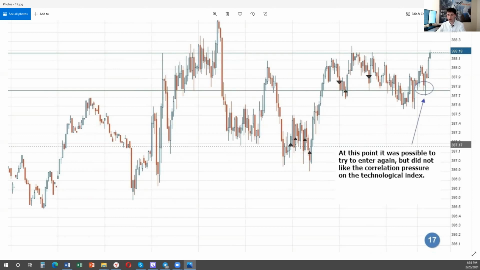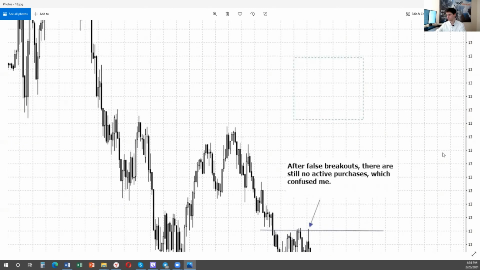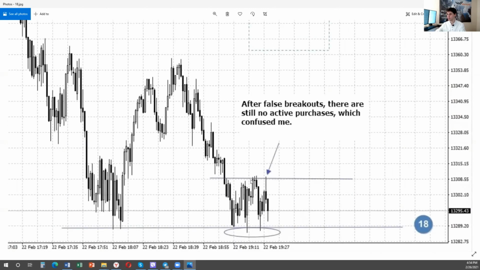But here apparently the previously manifested increased concentration and already a decrease in risk appetite had an effect, especially since the technological index demonstrated an extremely vulnerable situation. So you see, after the false breakouts, there are still no active purchases, which confused me.